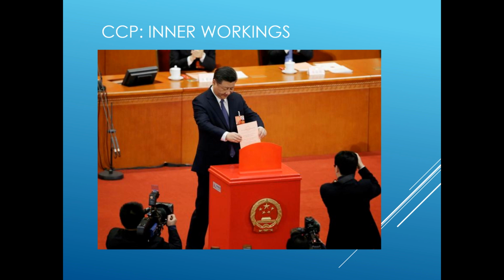On March 11th, 2018, we saw a change in the Constitution to end term limits. This was a big deal because every president before this, like Hu Jintao, had stepped down after two terms. This time, the National People's Congress voted nearly unanimously, and again, the National People's Congress didn't have any authority behind this.